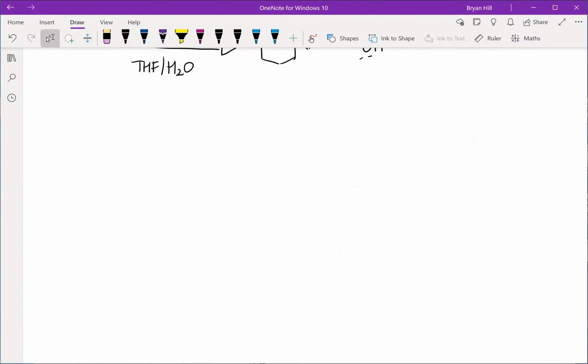Okay, so we can make alcohols from carbonyl compounds by reducing them, or by using Grignard reagents. And I guess the one thing, just a reminder, is that sodium borohydride plus an ester, there's basically no reaction.